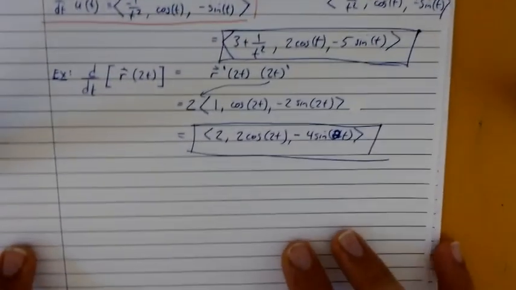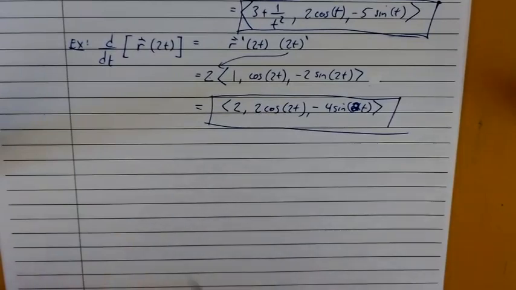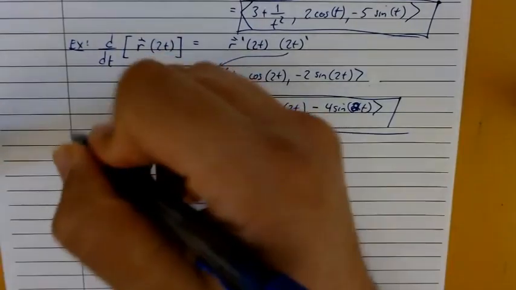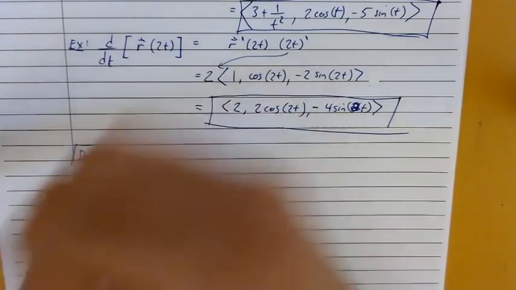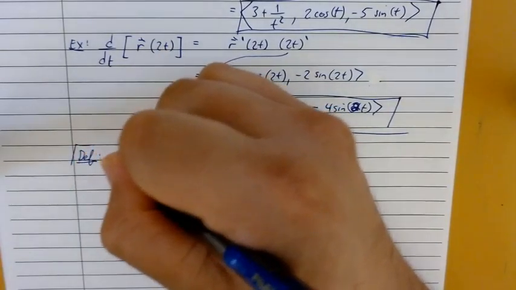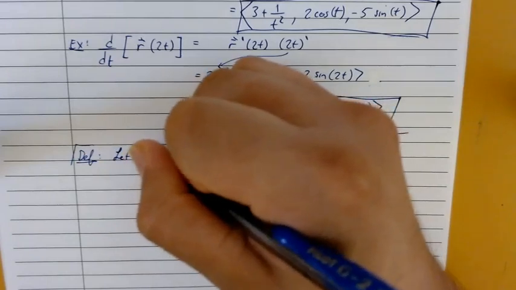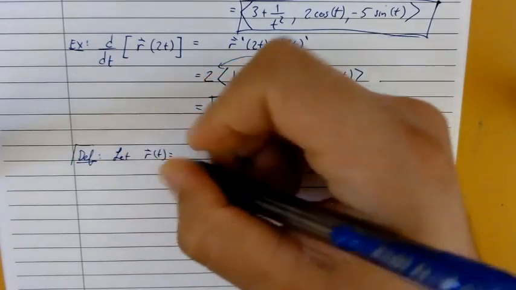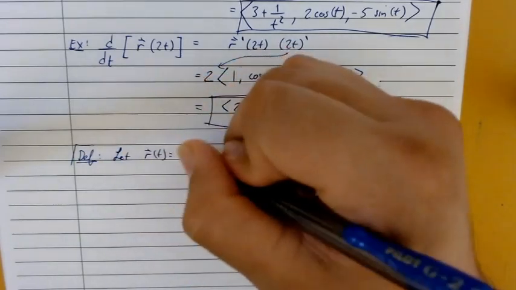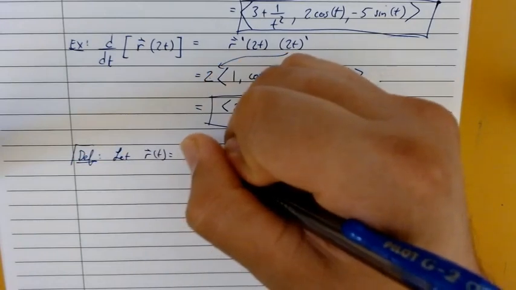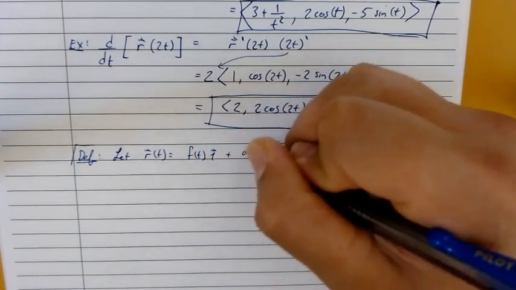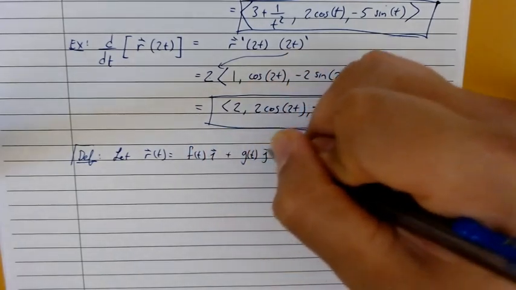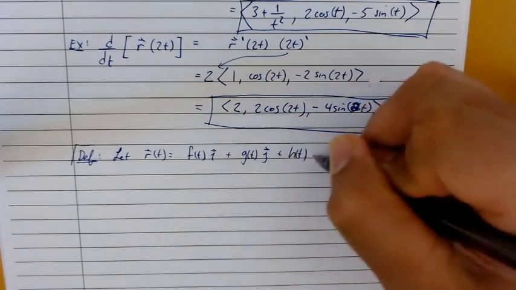Next, we turn our attention to antiderivatives, which is only reasonable. They behave the same way. So, definition. Let's go ahead and let r of t be given by a vector-valued function, f of t i plus g of t j plus h of t k.